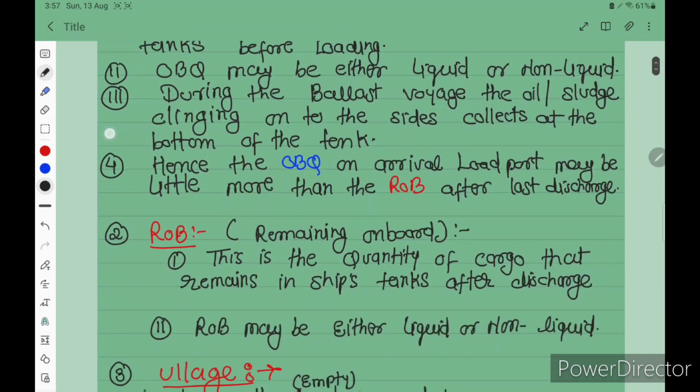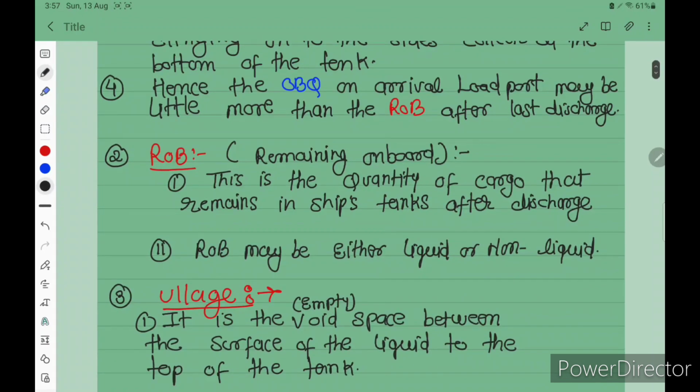So what is ROB? When the vessel is discharging at the discharge port, after a certain discharging, there is a pump loose suction which is unpumpable to discharge. Okay, so after discharging and emptying the tanks, how much oil remains, that is called ROB.